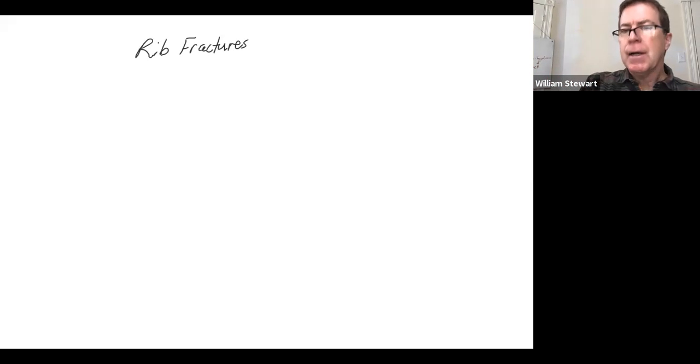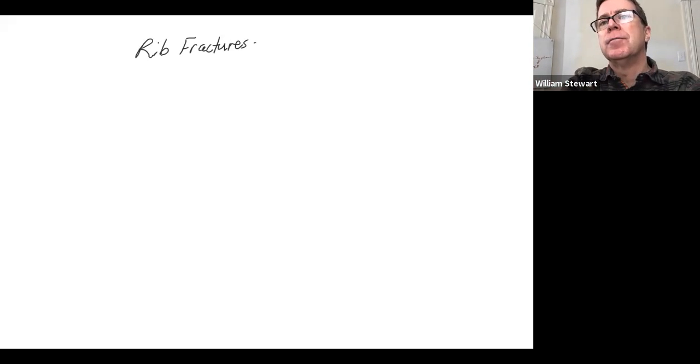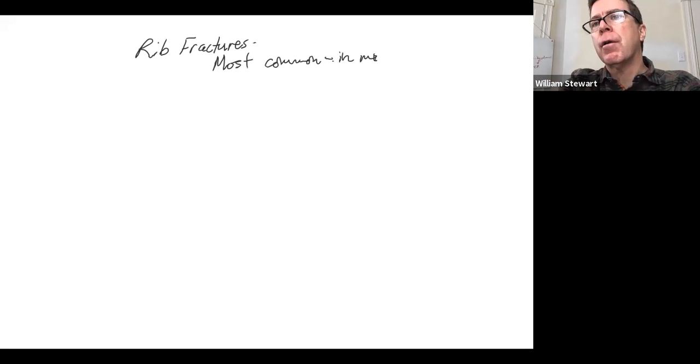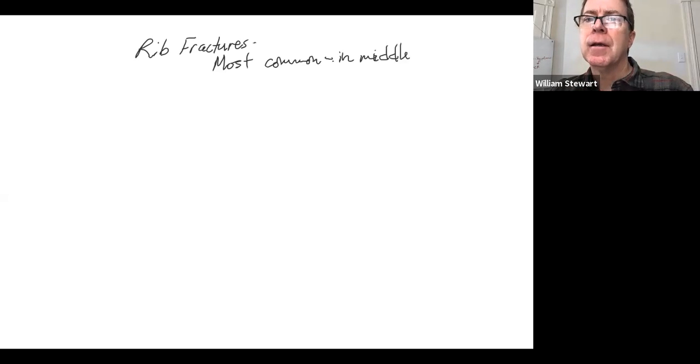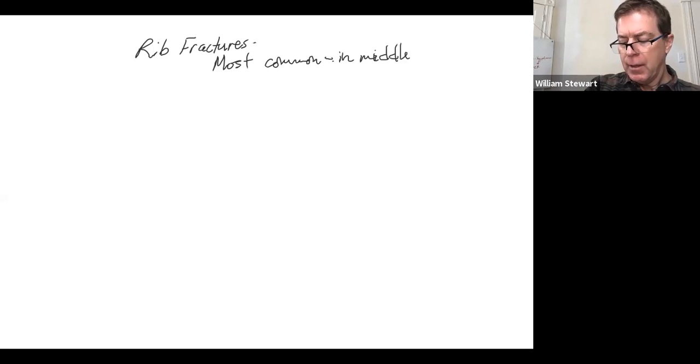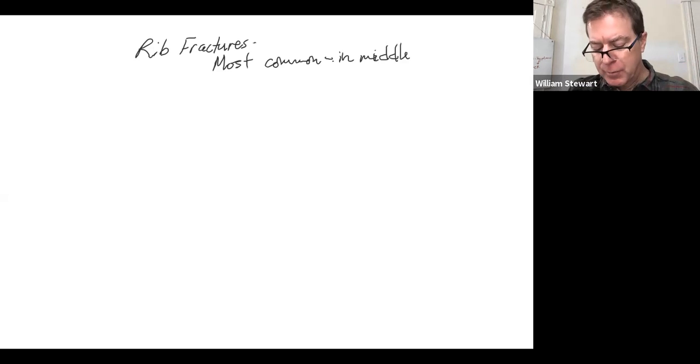The most common rib fractures occur in the middle section, for different reasons. They're longer. They also protrude from the thoracic cavity more, so they're more subject to damage. We used to immobilize people with a broken rib. We don't do that anymore because that presents respiratory problems.